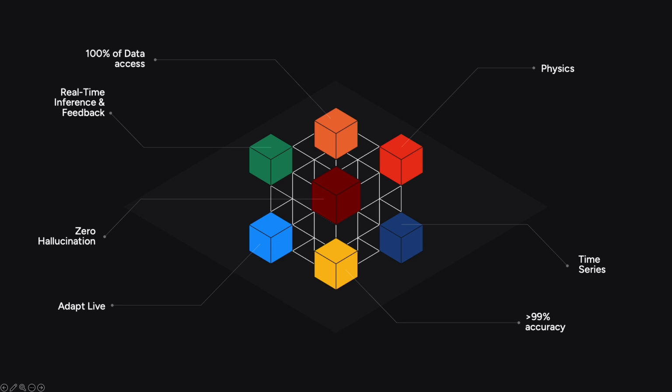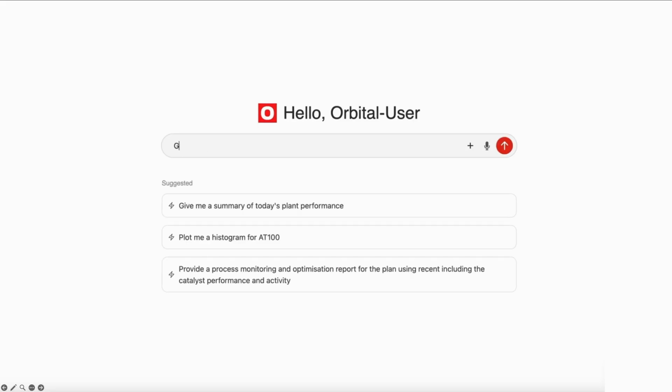So when you actually put a query through Orbital, it's not just going through one model. It's going through multiple models that interact with one another to achieve all of this in unison in less than 15 seconds. So something like this would happen essentially.